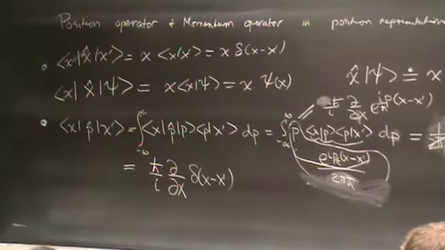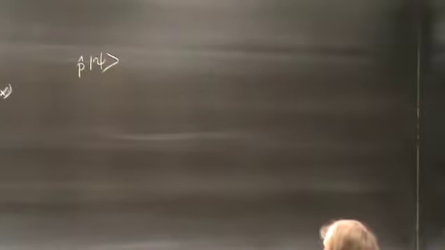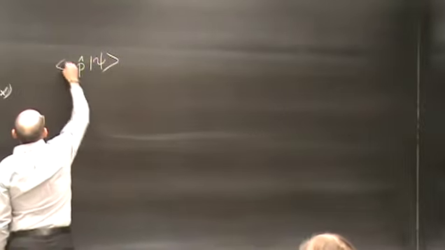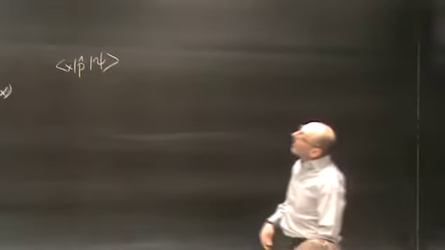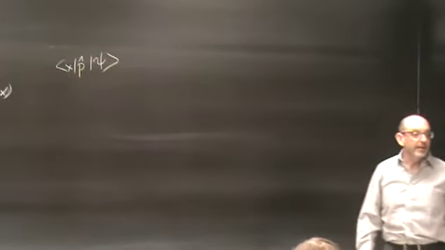And so we see that if I now ask the following question: suppose I have a state psi, and I operate on it with the p operator. So what's the new wave function? That new wave function is this. That's the wave function after I've operated with p.